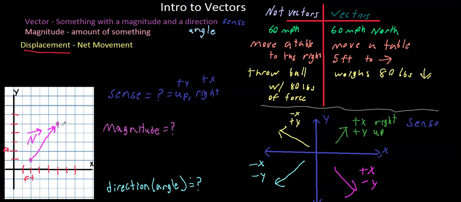We can't really count the squares in this direction because it's on a diagonal. But if you notice, the squares actually make a triangle. So we have our vector in the x direction, and I'll label this as n of x.